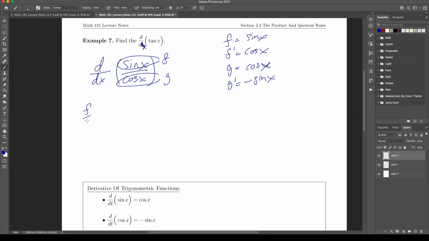So f over g prime is equal to f prime g minus f g prime, over g squared.